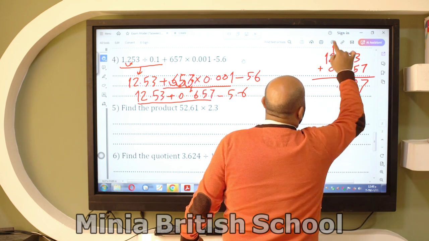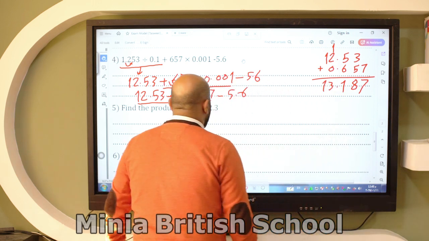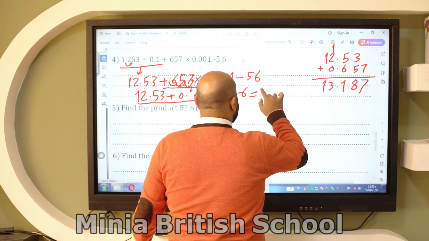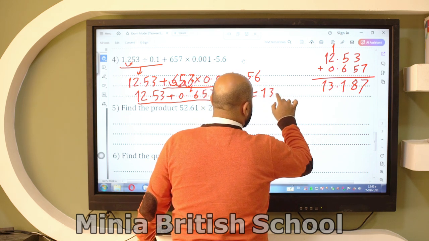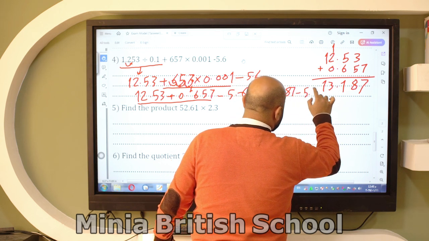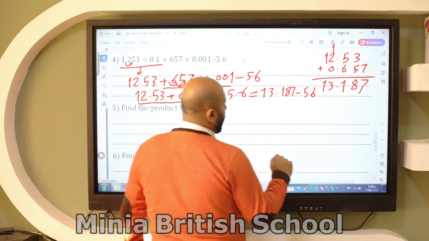Don't forget the point. 1 plus 2 equals 3, and finally drop 1. Okay, so the final step, it will be 13.187 minus 5.6. The final step, which is the subtraction.